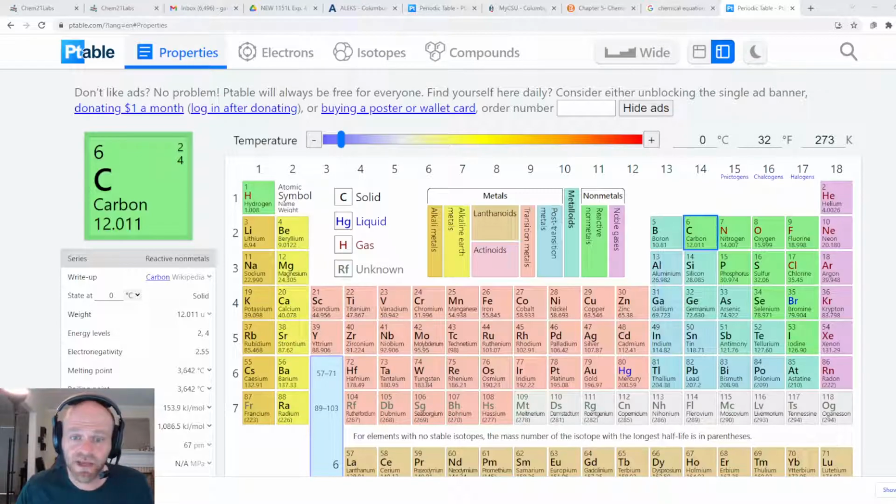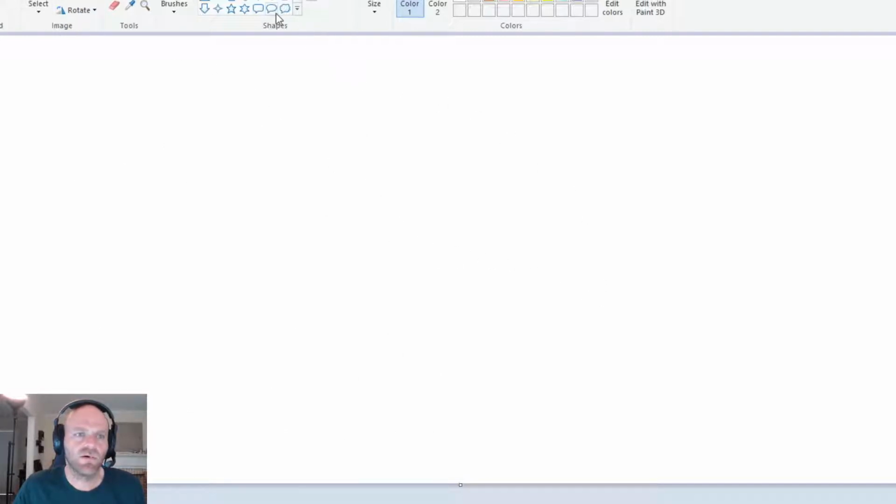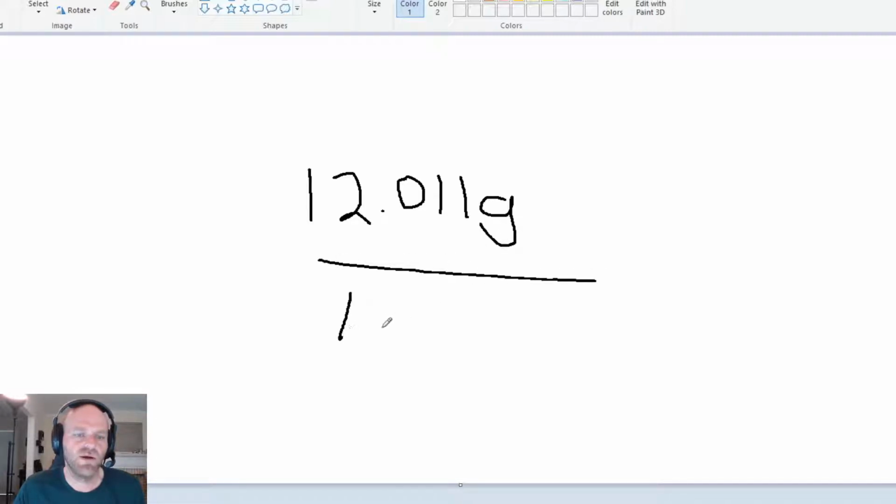It was the atomic mass unit that we learned originally, but also grams per mole, which is the molar mass unit that you're going to use pretty much from here on out. Let me pull this up. Okay, so 12.011 grams every 1 mole.